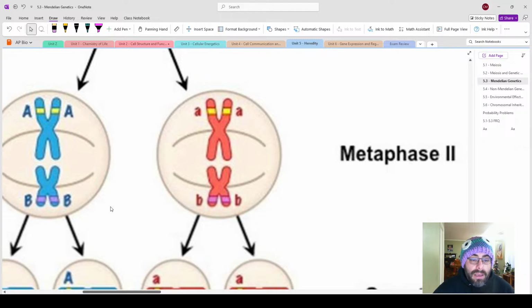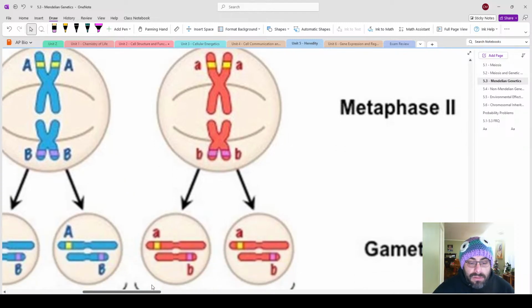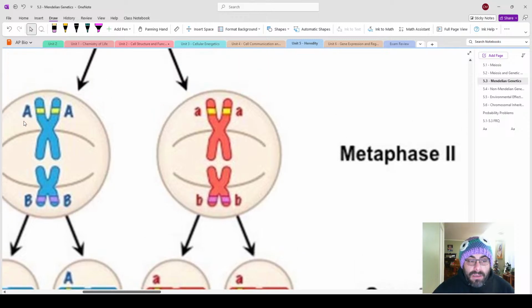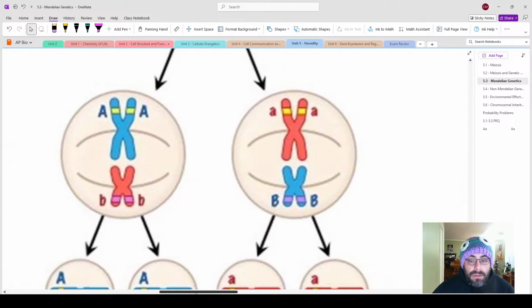Because A and B sort themselves independent of each other, meaning that big B does not follow big A around, right? Now, if I had C over here, C would sort itself independent of A or B. If I had D, it would sort itself independent of A, B, or C, right?